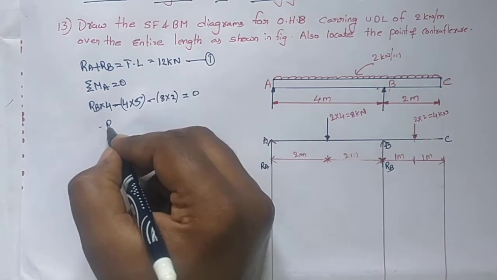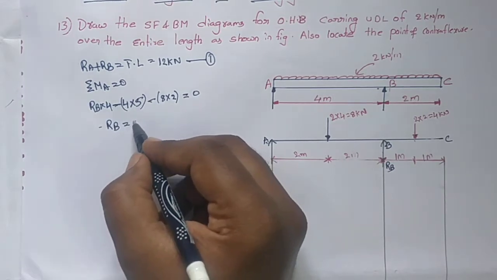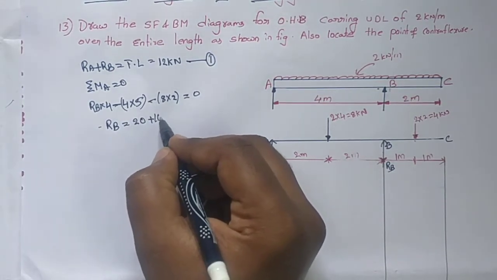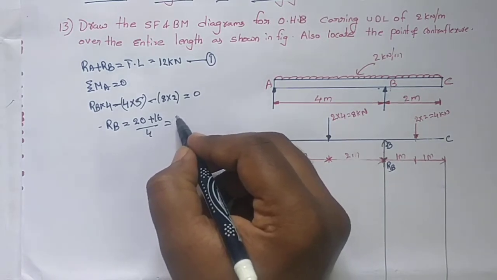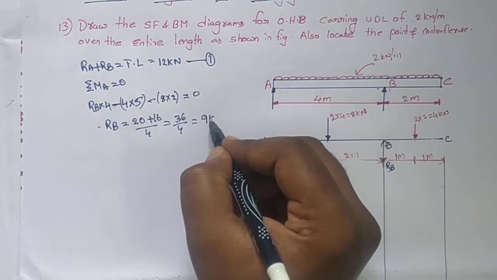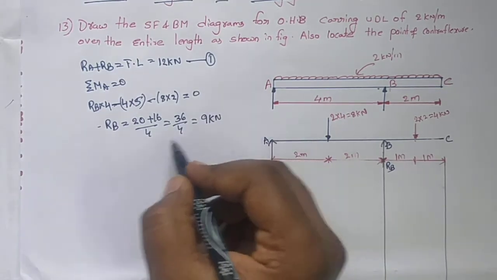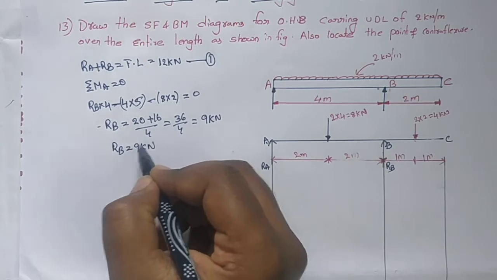So finally from this equation, RB equals 20 plus 16 by 4, that equals 36 by 4, which is 9. Finally RB equals 9 kilonewtons.